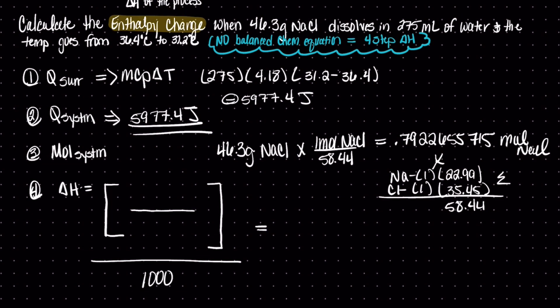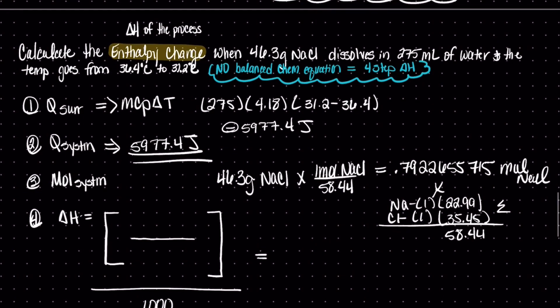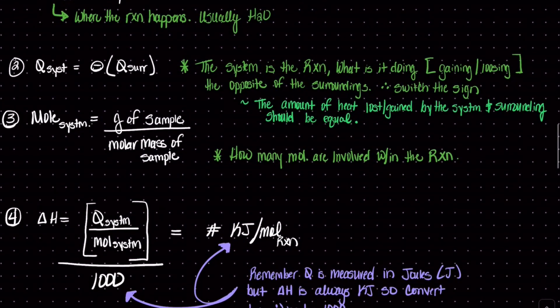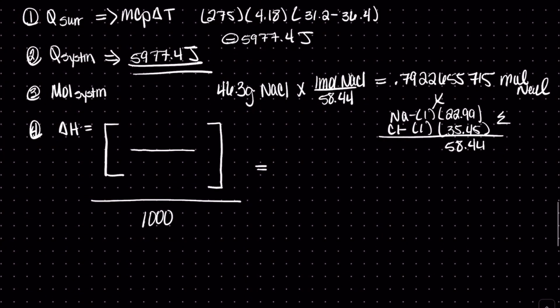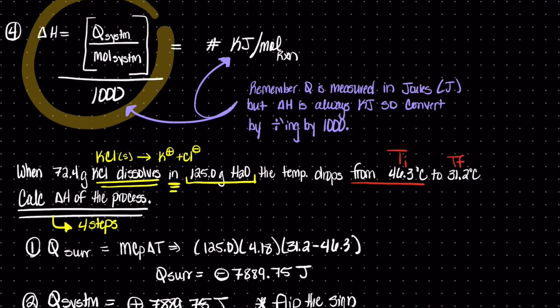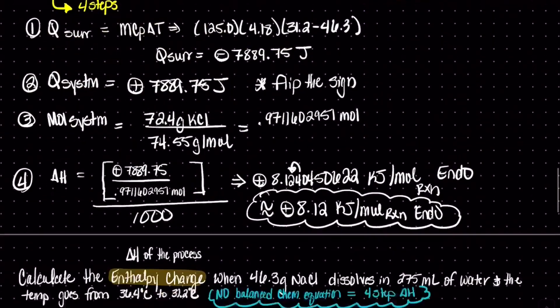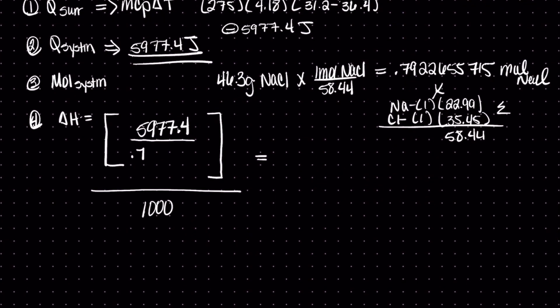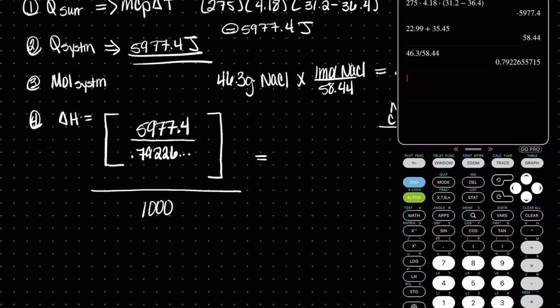Plug and chug. Now I build my delta H of the process conversion factor, where up top, as you recall from above, is the Q of the system, 5977.4. Then we have the moles of the system, which we found to be 0.79226 and change. The reason I'm dividing by 1,000 is to keep it in kilojoules per mole.